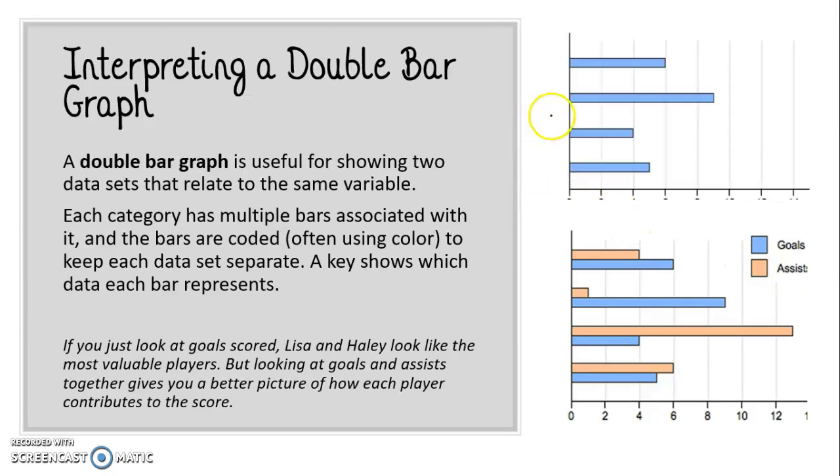If you looked at just the goals scored as shown at the top, it looks like Lisa and Haley, which you can't see names, I guess, but it looks like we have very valuable players here, right? Lisa and Haley. But if you look at goals and assists, right, you can see a better picture of how each player contributes to the game.